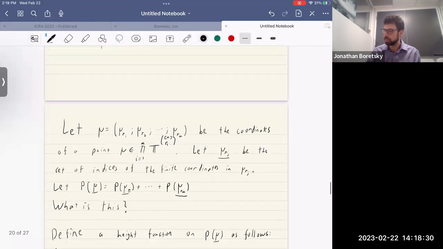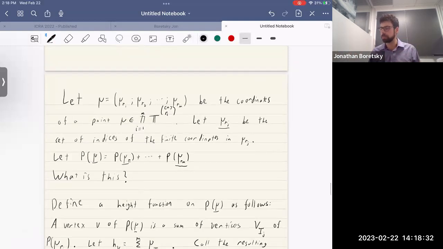All right, so what coherent subdivision are we going to be interested in? We're going to look at mu, which is going to be a sequence of collections of coordinates, mu r1, mu r2 through mu rm, and we're going to think of this as a point in a product of tropical spaces, each of dimension n choose Ri.